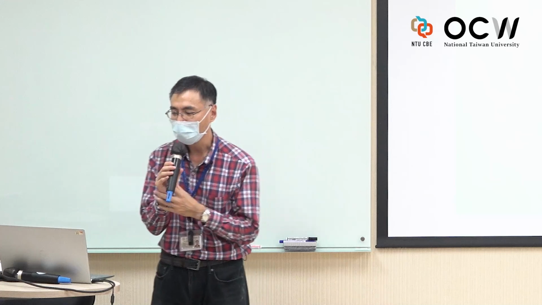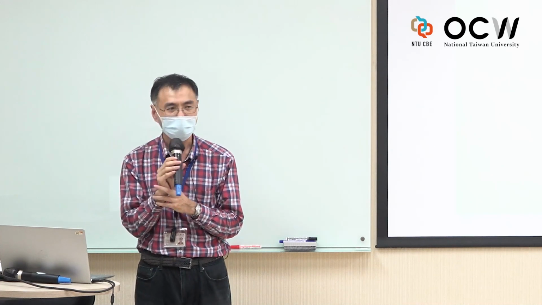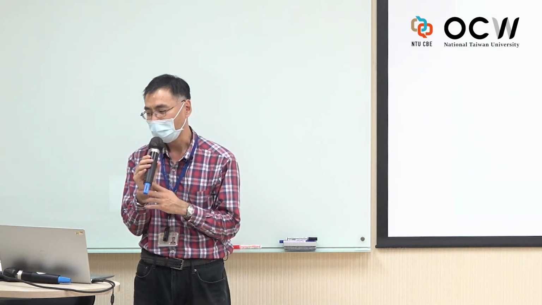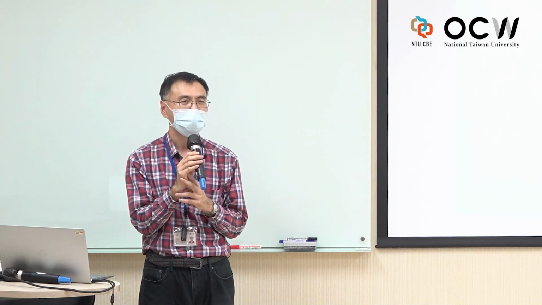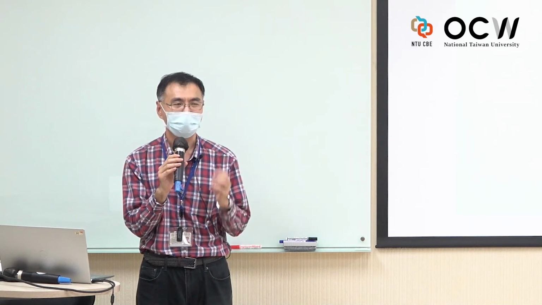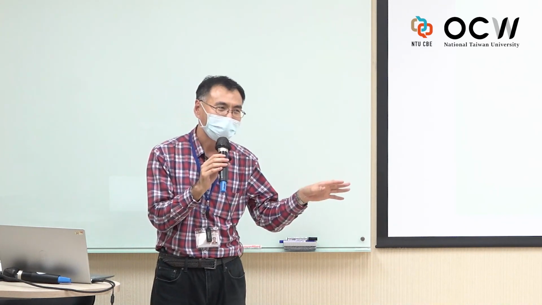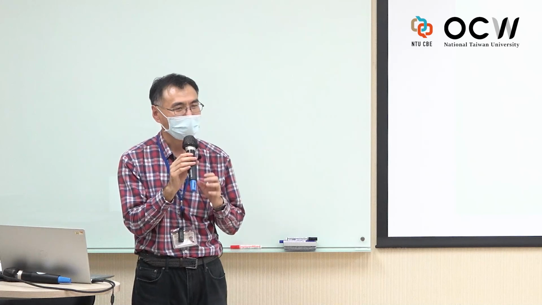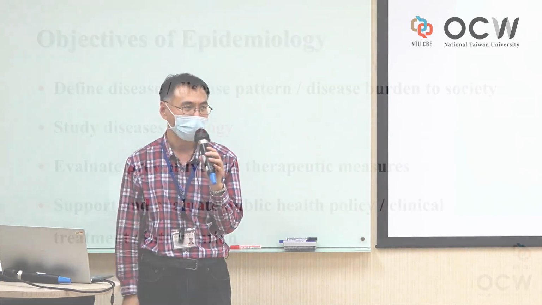But epidemiology helps us find out that there are actually two groups, two different kinds of disease. The cause of AIDS for young people would be the infection of HIV, human immunodeficiency virus. So epidemiology was the tool for us to discriminate the old kind of AIDS and the new AIDS caused by HIV infection.